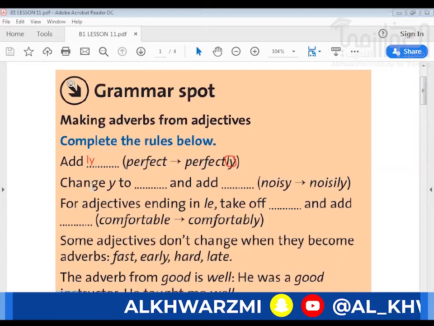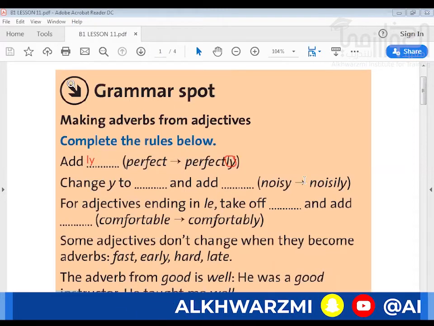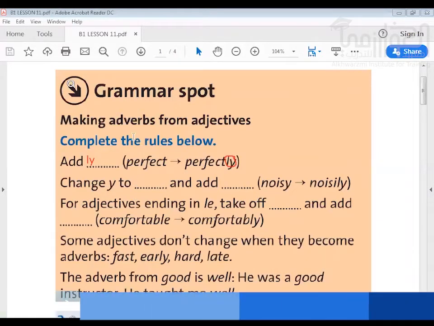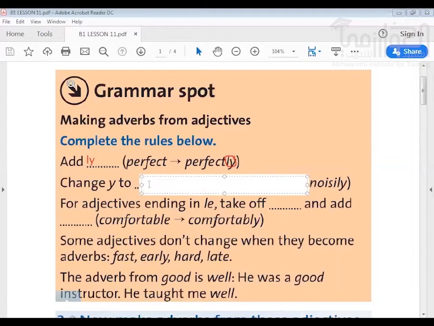Now we change y to what? Noisy to noisily. You can see before we add the ly, we change y to i. And then we add ly.